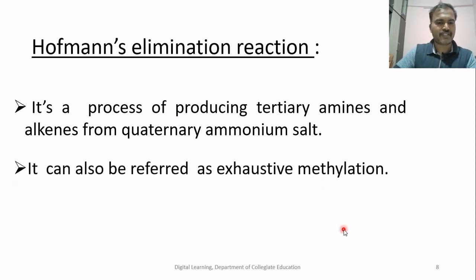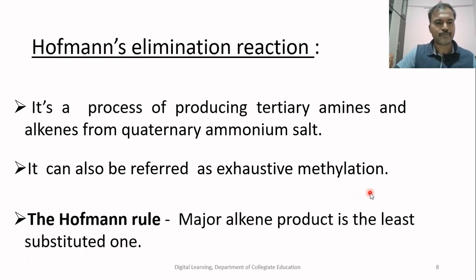This reaction is also referred to as exhaustive methylation because the starting material we are taking here is the amine. So the hydrogen atoms present on the nitrogen will be replaced by methyl groups by reaction with methyl iodide.